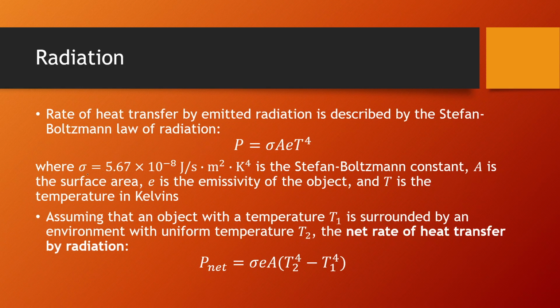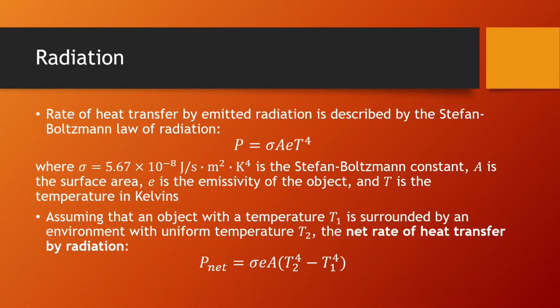It does not change. This is a constant. It's 5.67 times 10 to the negative 8th joules per second meter squared Kelvin to the fourth. A is the surface area, E is the emissivity of the object, and T is the temperature in kelvins. And again, P is our heat transfer.